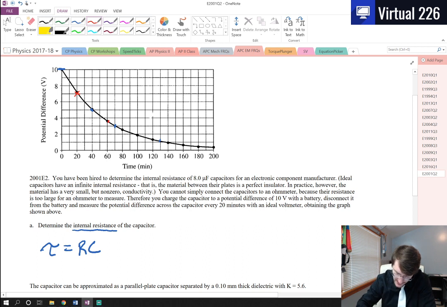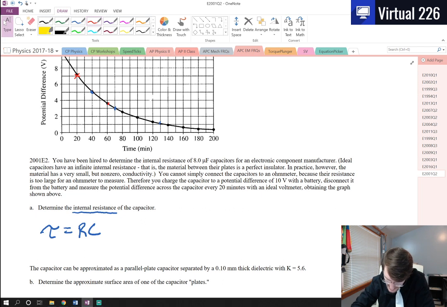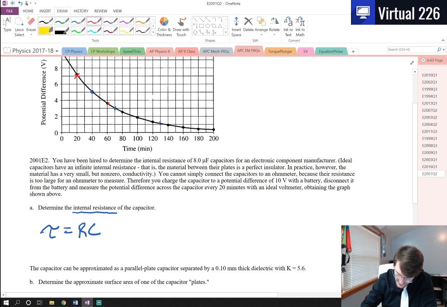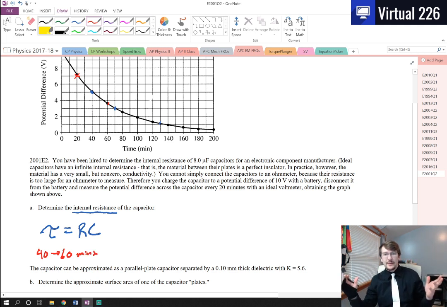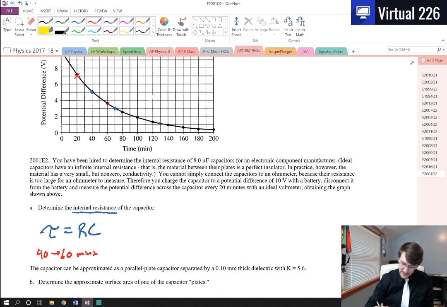So our half-life, I would say, is somewhere between 40 to 60 minutes. It's somewhere in that ballpark. Because I want these values in seconds, I don't want to do 40 times 60 in my head. I'm just going to take the 60 value.